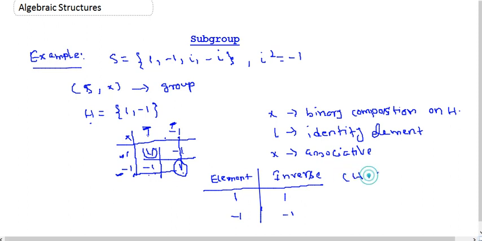H with cross is a subgroup of the group under multiplication.